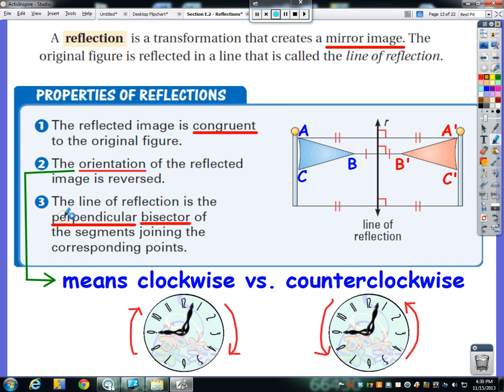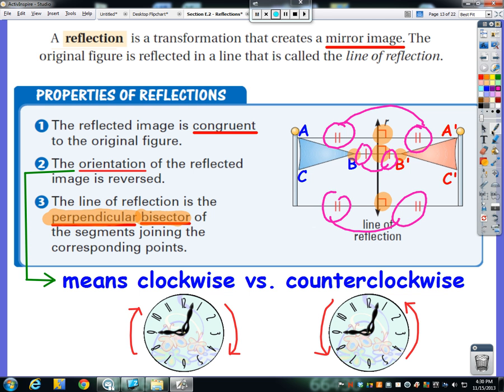The line of reflection is the perpendicular bisector of the segments joining the corresponding points, meaning the pre-image to its image coordinates. Not only are 90-degree angles being formed, there's our 90, 90, 90, but we're also bisecting the distance between pre-image and image. So that distance is congruent to that distance, this to this, and that with that.